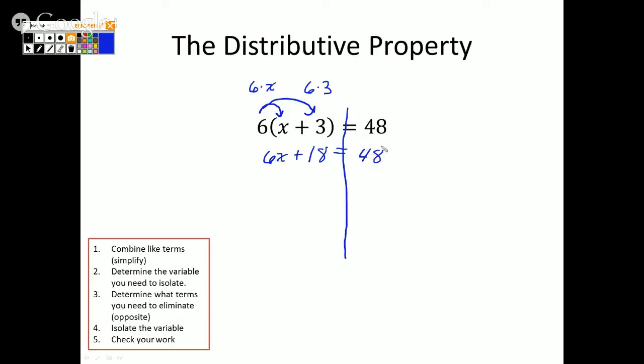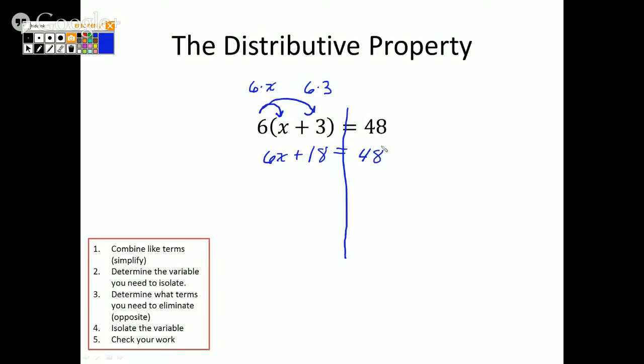Okay, so now my equation reads 6x plus 18 equals 48, and I now have a 2-step equation that I can solve. I've got multiplication and addition in order to figure out what 48 is. So now I can look, I don't have any like terms. I know I want to solve for x, so I have to get rid of the 6 and the 18. Between the 6 and x is multiplying.